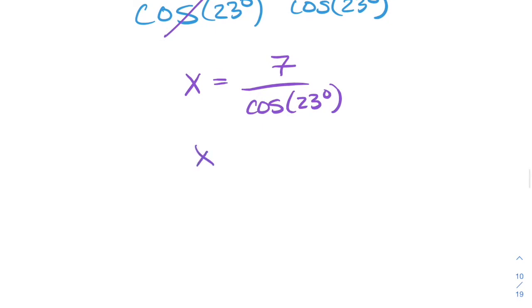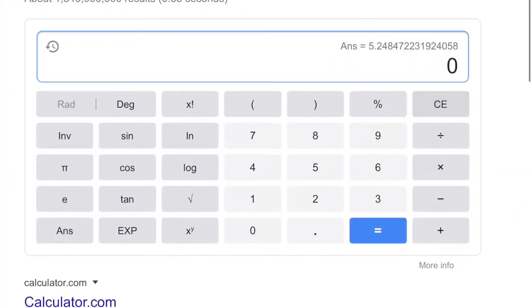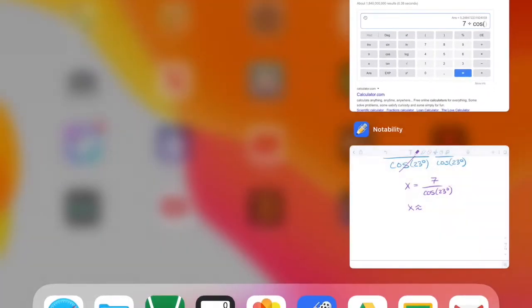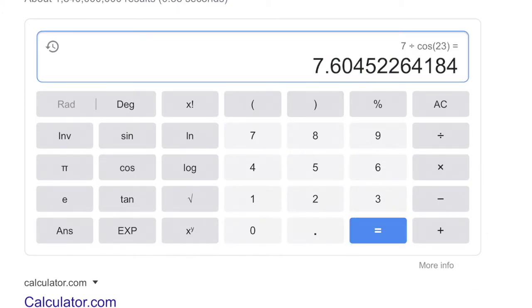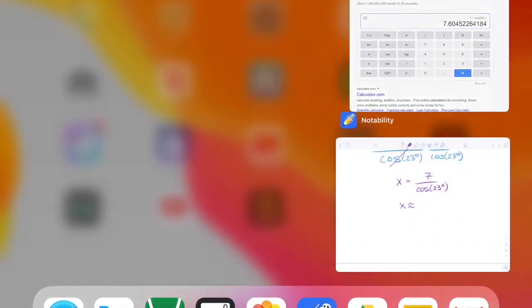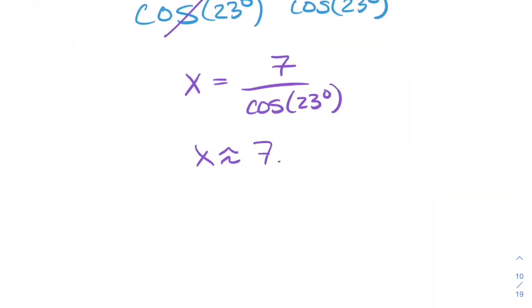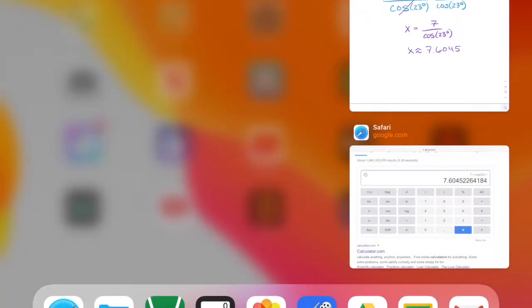So x approximately equals 7 divided by cosine of 23 is 7.604, 7.6045, I think it was, 5. Yep.